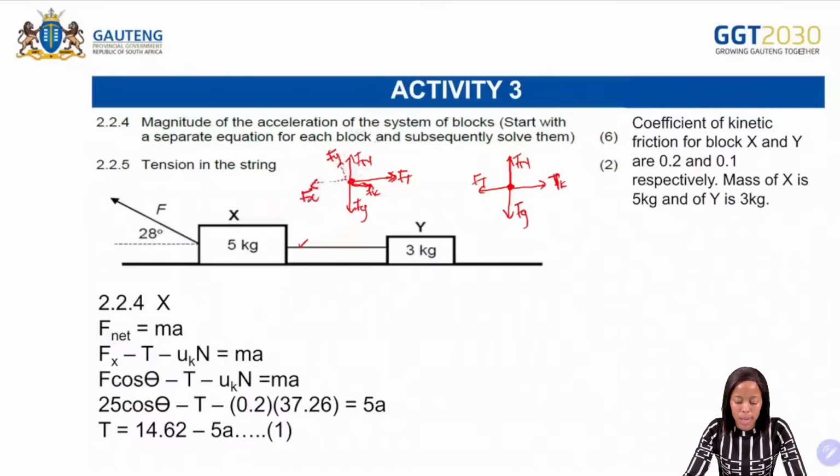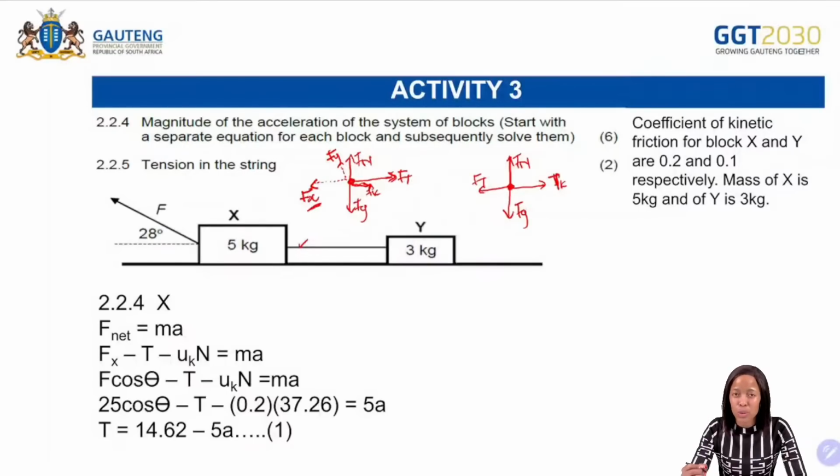Number two, let us focus on if it's moving to the left-hand side, what are the forces that we have on the left-hand side? Because wherever it's moving, we are going to be starting with those forces there. So we said that it's moving to the left-hand side, and then on the left-hand side, what is it that we have? We have Fx, okay? So we have Fx.